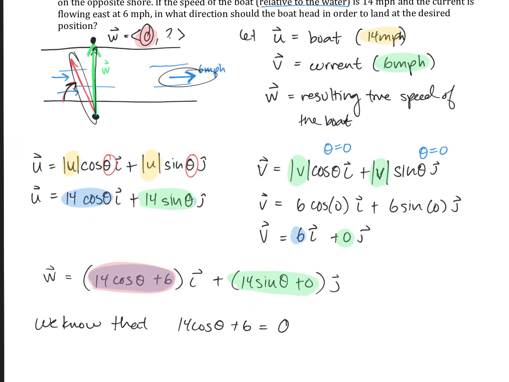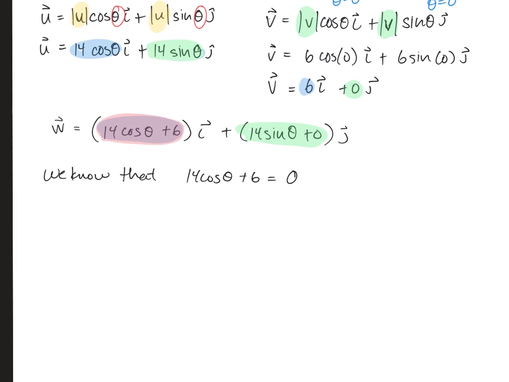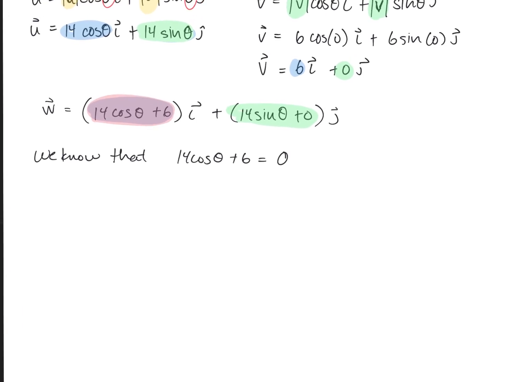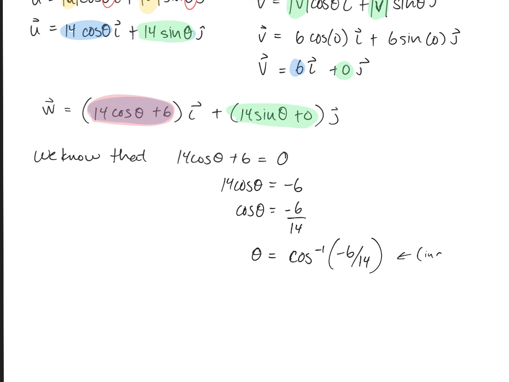So all we need to do is get an equation with theta. So then we'll have 14 cosine of theta equals negative 6. Cosine of theta equals negative 6 divided by 14. Taking the inverse, theta equals cosine inverse of negative 6 over 14. Once again, make sure your calculator is in degrees.